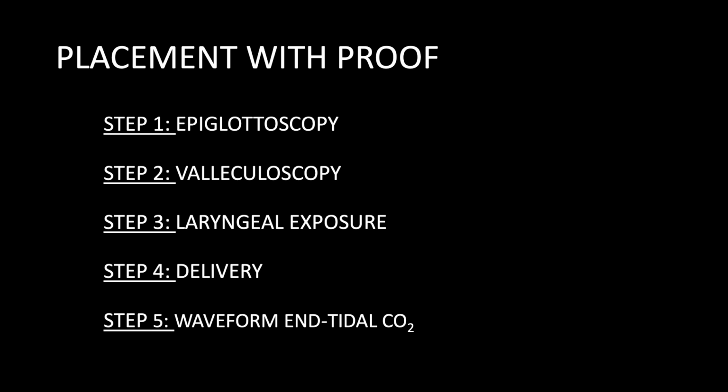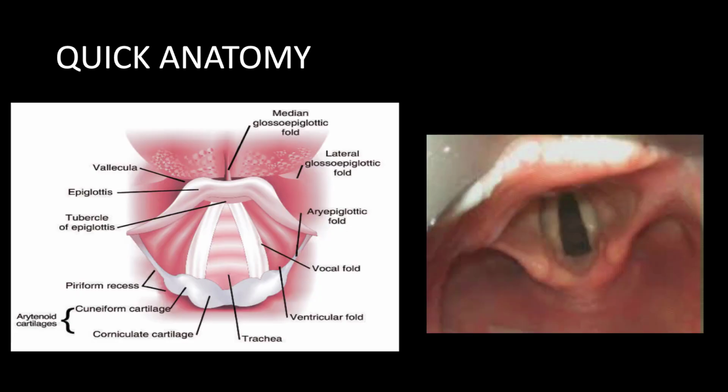Next, placing the tip of the blade into the vallecula, lifting forward, exposing your laryngeal inlet. Next, delivering your bougie or styleted tube. And then lastly, confirming placement with waveform capnography. We'll take you through some videos and some anatomy now.